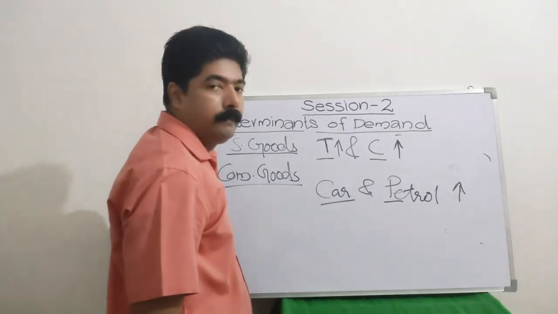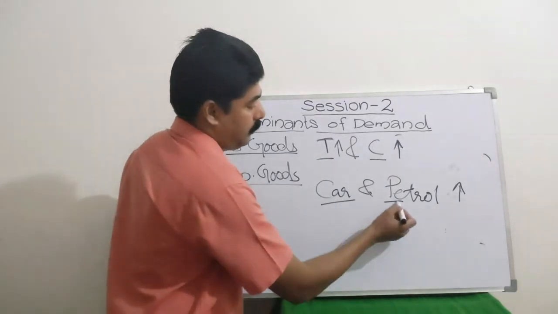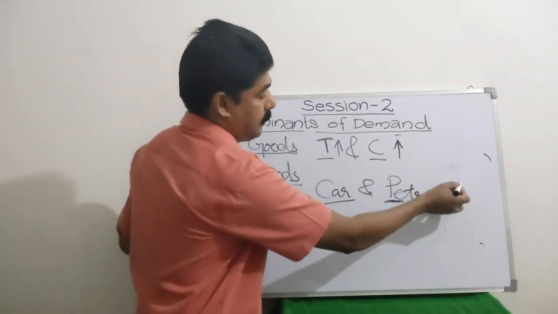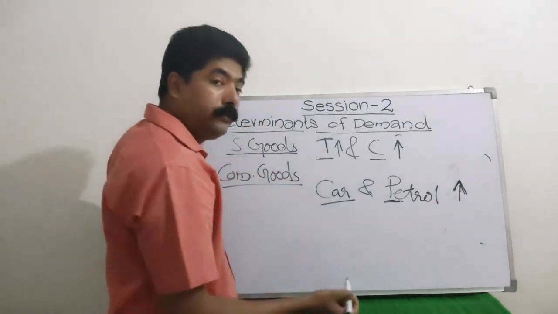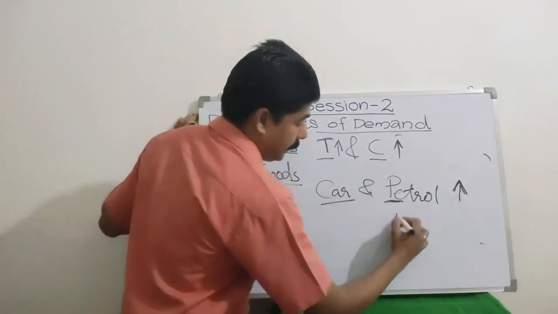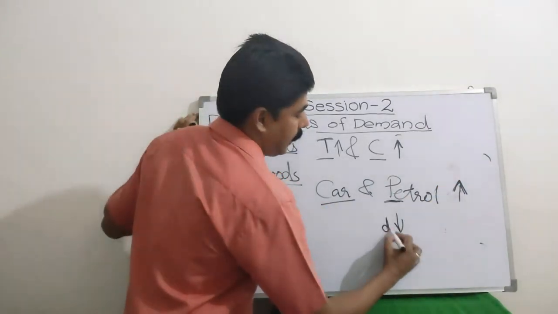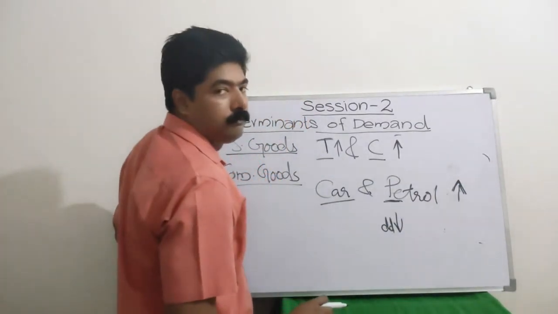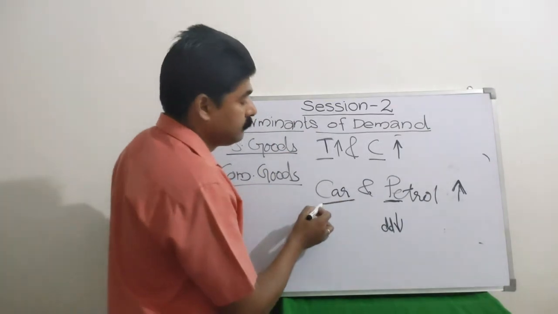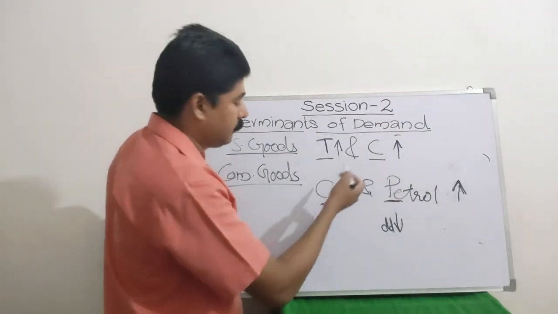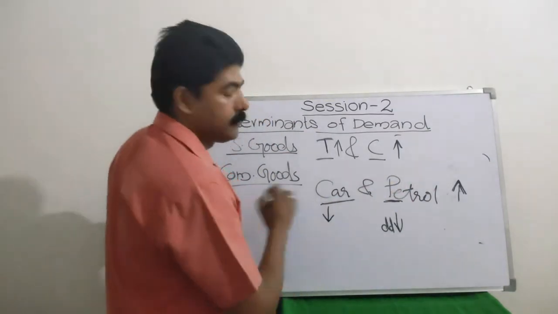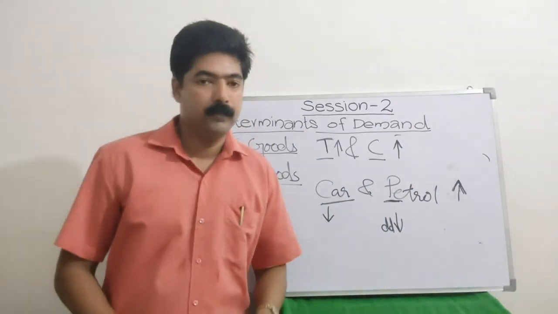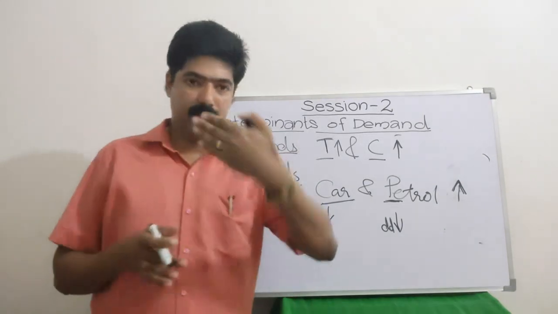What will happen? Demand of petrol decreases. Then what about the car? The demand of the car also diminishes. Is that clear? Understand? Okay, let me explain again.